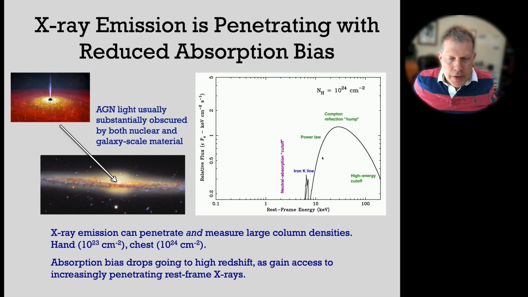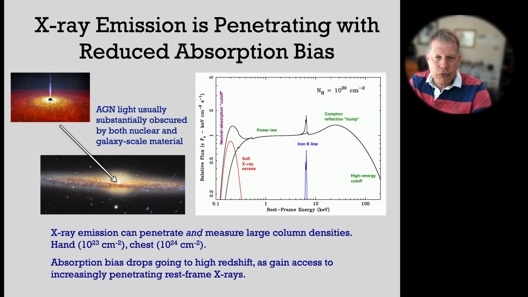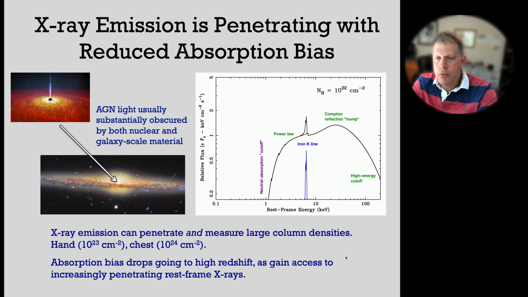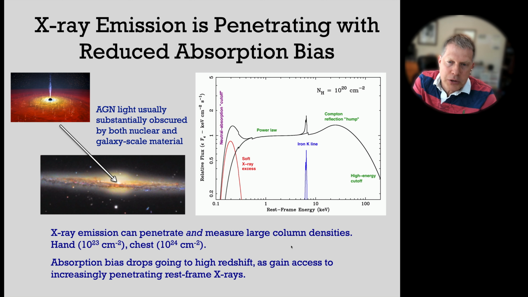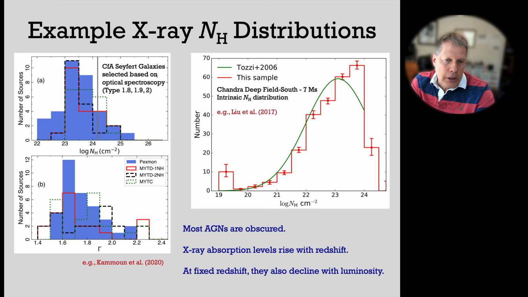And being able to, again, penetrate through and measure the obscuration is very important, because we now know from well-studied surveys that most AGNs in the universe are obscured. Here are just a couple of examples of this. This is an absorption column density distribution here of the so-called CfA Seyfert galaxies.